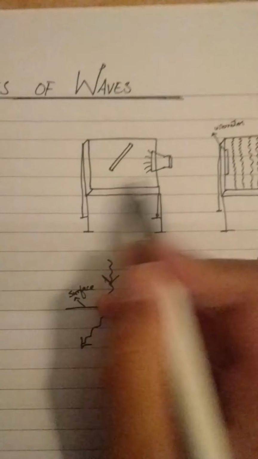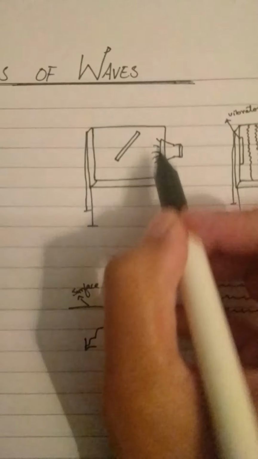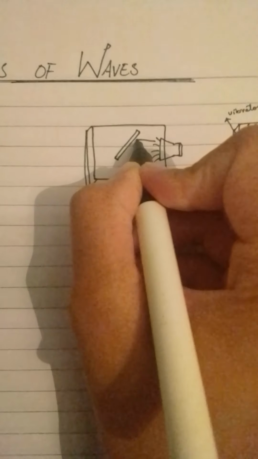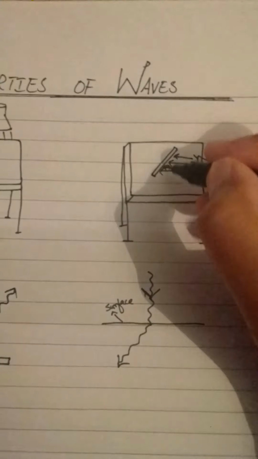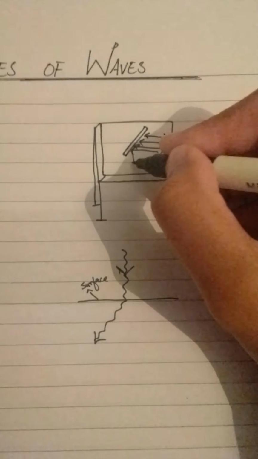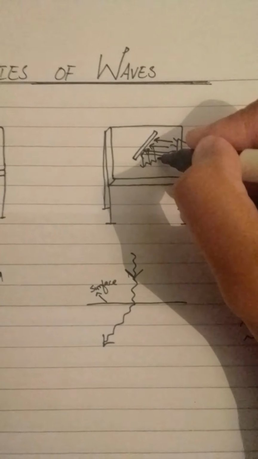Suppose we have a table and we place an obstacle here and a lamp here. So what will happen when the light comes from here and strikes this obstacle? Where would it go? Would it pass just through this obstacle? No, it wouldn't pass. It would reflect at a certain angle like this.